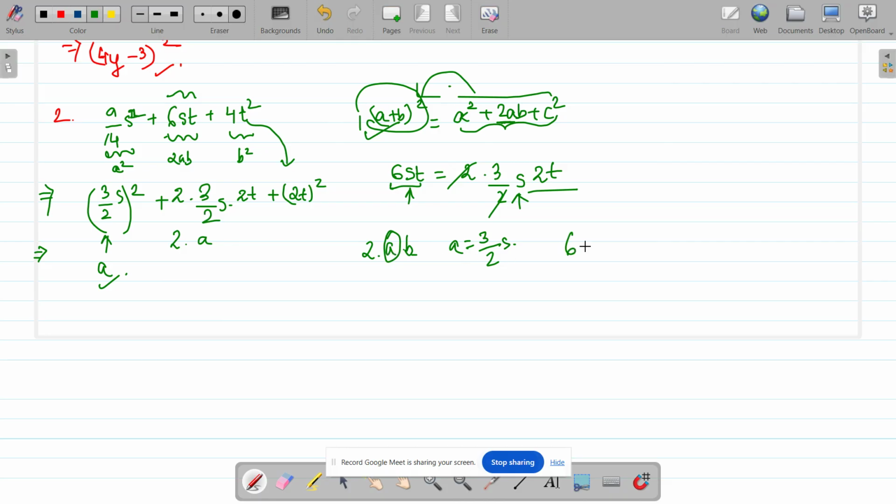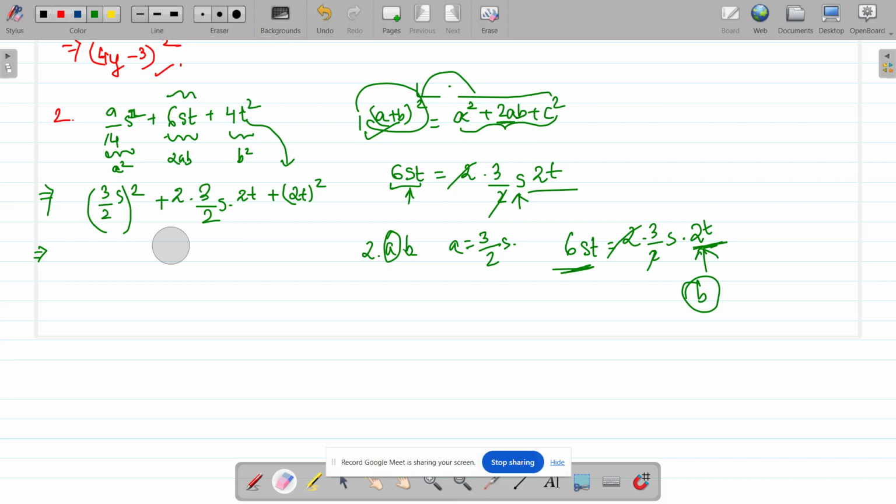So what we are left with in 6st, after cancelling this, is 2t, right? If we multiply 2t here, we will get 6st. So when we multiply 2t, we get the b here. And the last term is b square, where b is 2t. So b square is (2t) whole square, right?